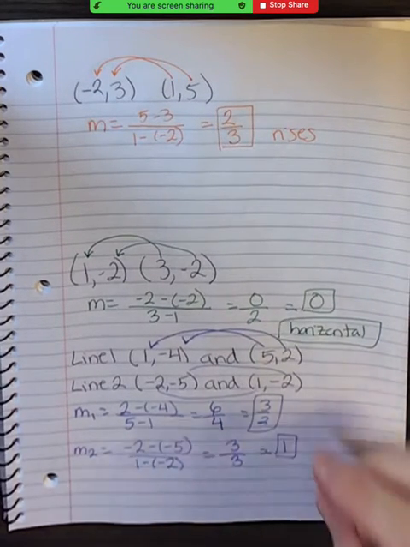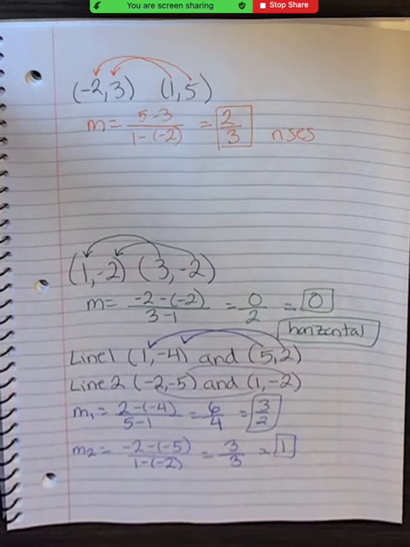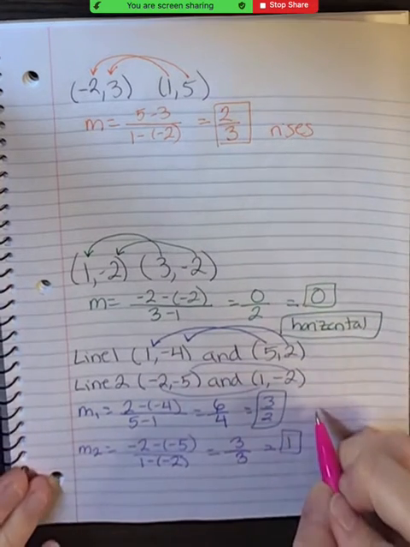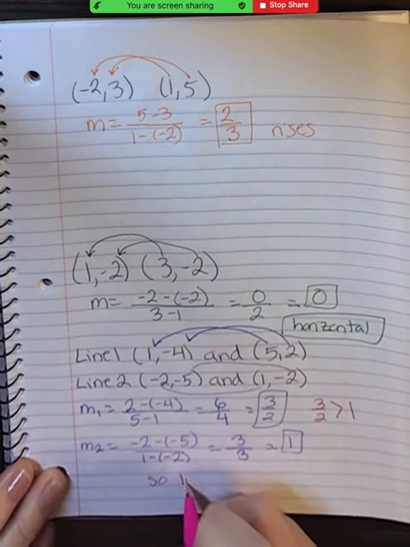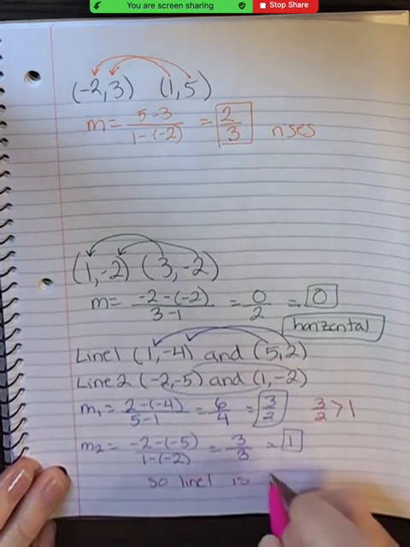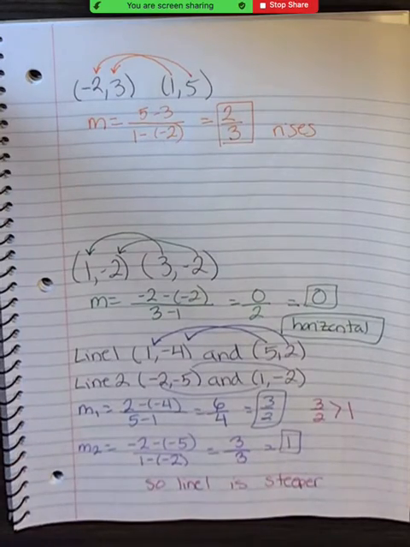So they're both positive slopes. So we're just looking to see which is a bigger value. So 3 over 2 is greater than 1. So line 1 is steeper. It has a greater slope.